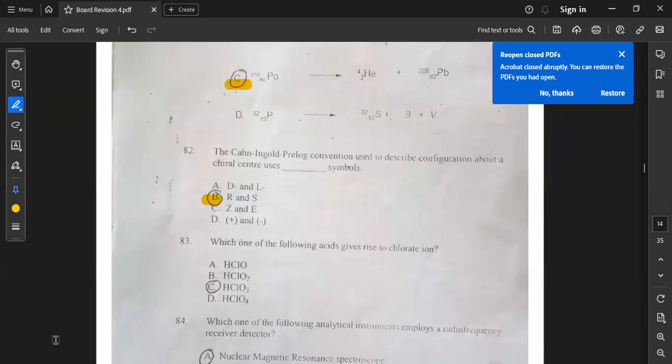Those are optical isomers. Dextro will rotate the plane of polarized light to the right, levo to the left. L, levo, left.